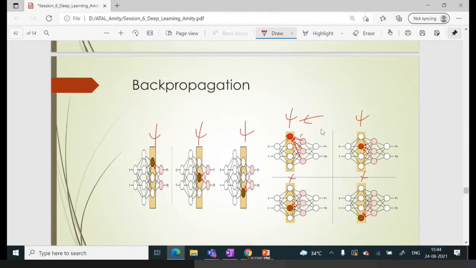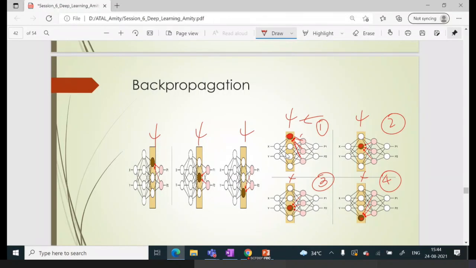So we can do these 4 processes, process 1, process 2, process 3, process 4 in parallel, because there is no interaction among neurons which are present at the same level in this particular case, right? So we can do these processes simultaneously, and parallel processing is possible.